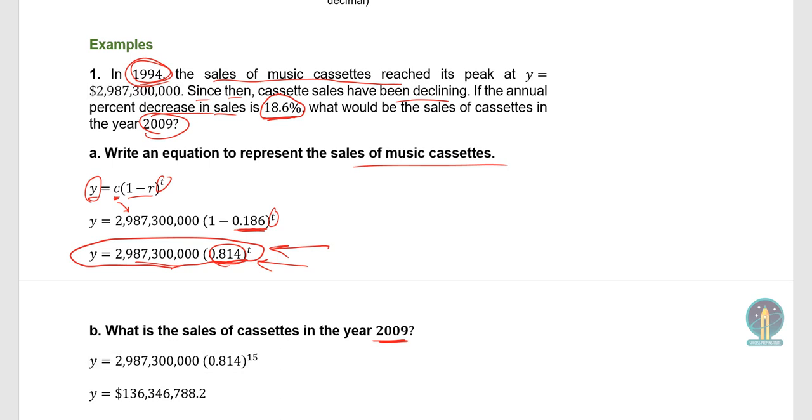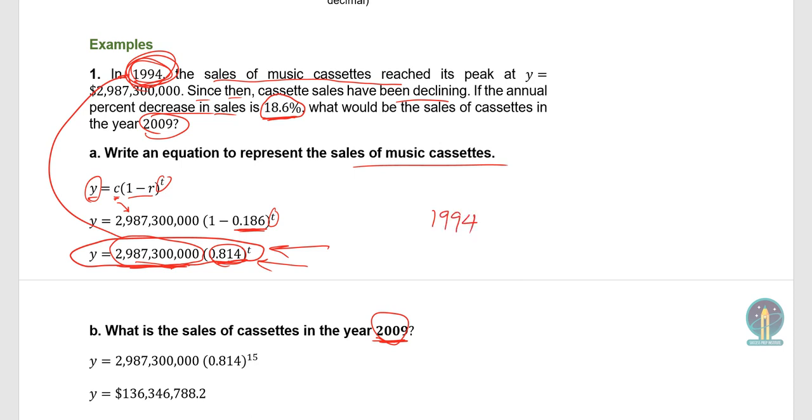in the case that we're being asked what year it was, the year is 2009, but our model depends on starting from the year 1994. Why? Because our initial amount was the amount in the year 1994. So our model is dependent on 1994.